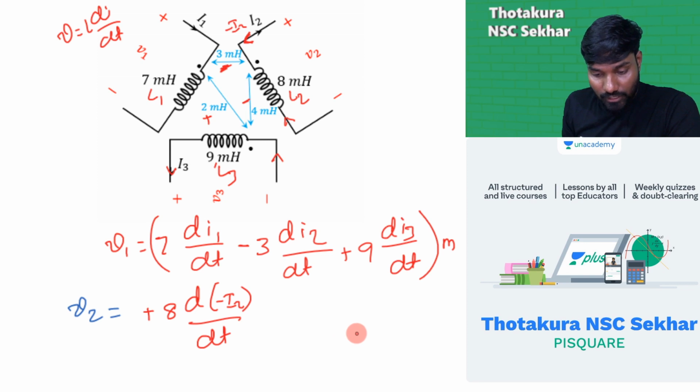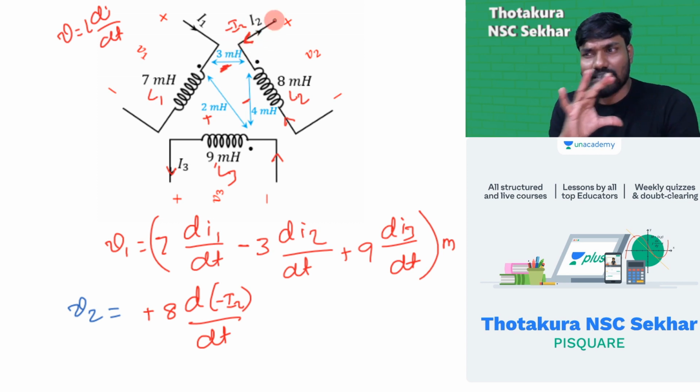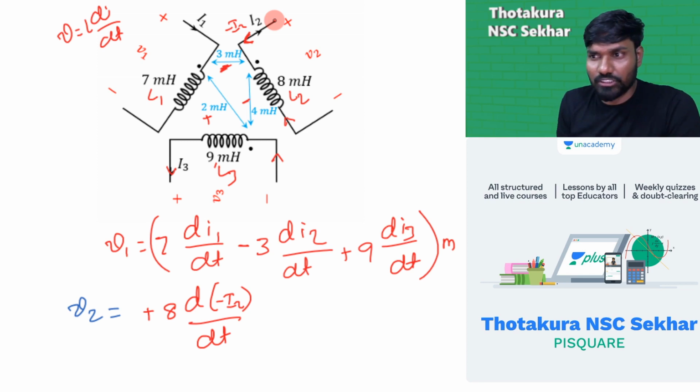But the 8 dI2 by dt, what about the current direction? You should be careful with the current direction also, right? For V2, the mutual term with respect to minus I2 is a positive coupling, and with respect to I2 it is a negative coupling. Or else, guys, to make things simpler, you just do it this way.